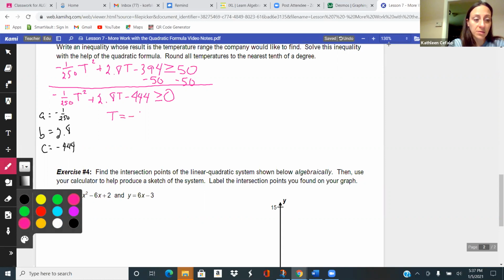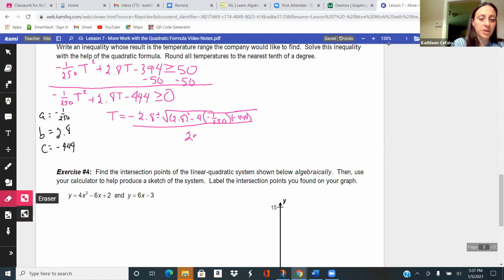So I have negative b plus and minus the square root of b squared minus 4 times a, be careful, this is your fraction, times c, all over 2a.